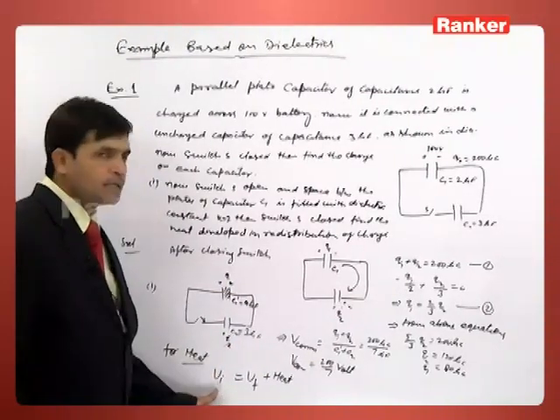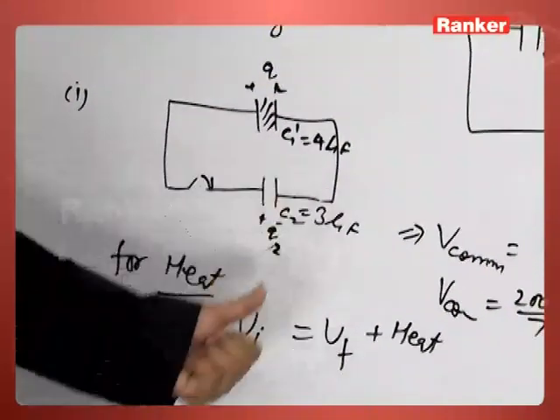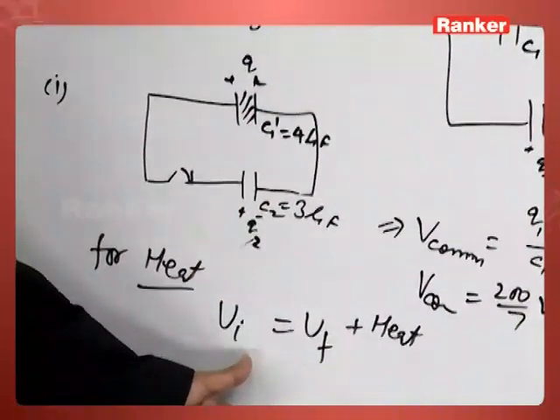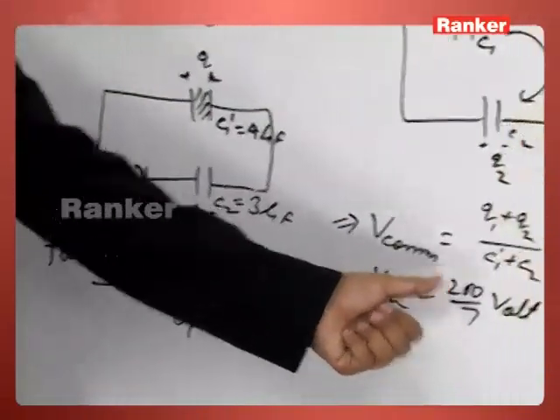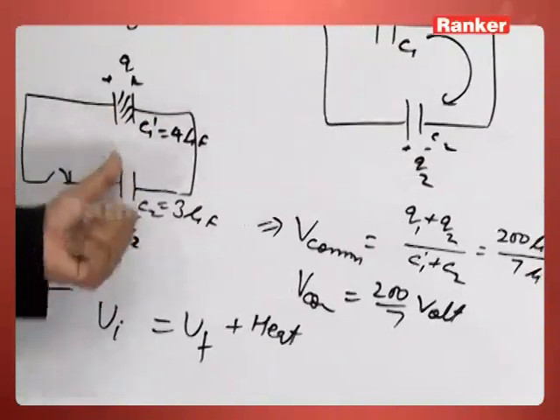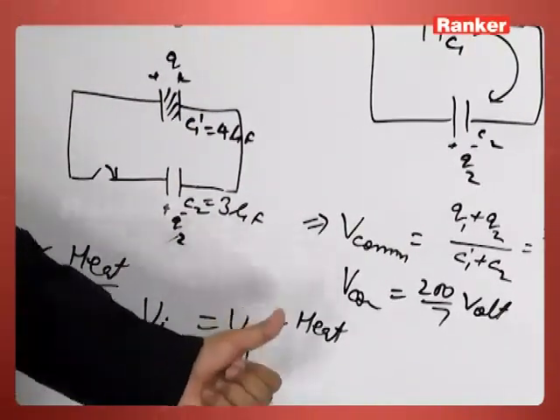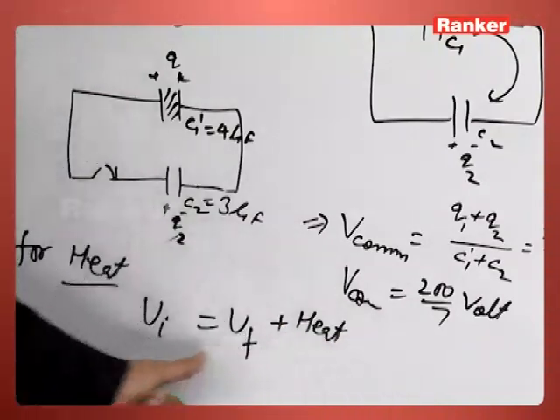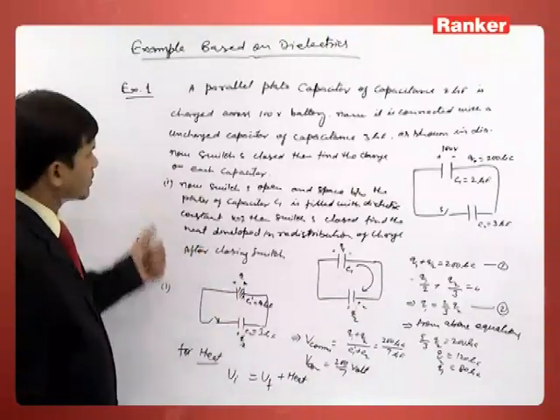At that time, total energy stored in both the capacitors, half Q1 square by C1 plus half Q2 square by C2, is equal to final energy when the potential is 200 by 7 volt on each of the capacitors. So then we can calculate the final potential energy plus heat. The difference of these two energies gives the heat amount. This is one of the questions here.